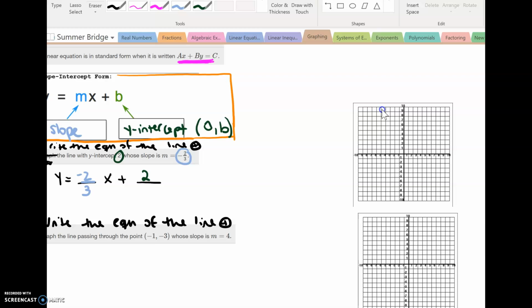There we go. Okay. So when I graph anything having to do with the slope, I say that b stands for beginning. It's where you begin your graph.